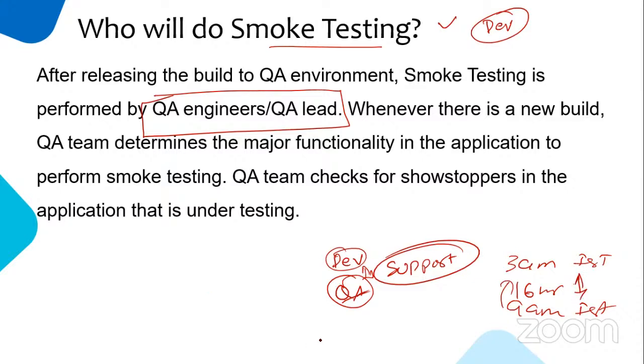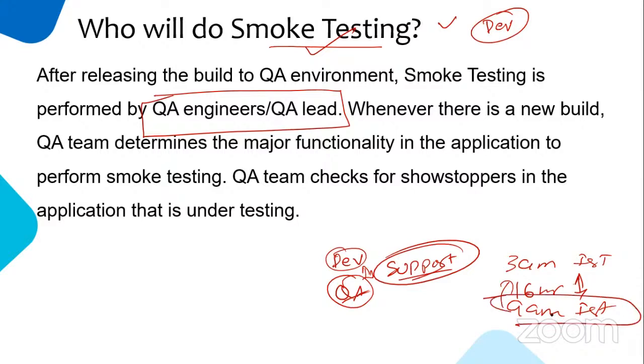So what companies do, and this is again a company process, we are not talking about theory books, we are talking about practical things. The support team itself, nothing but the dev team itself, in real, most of the projects, they do the smoke testing and check, yes, the build is stable, and they send a mail to the QA team.